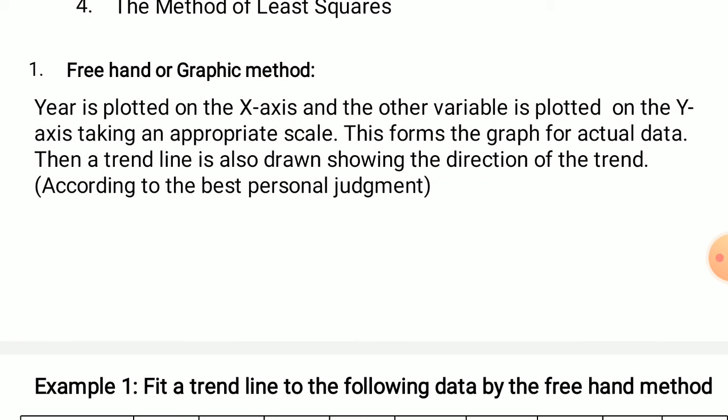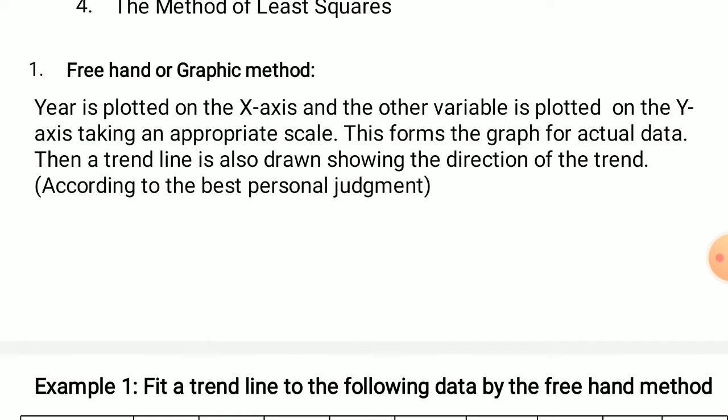Now, the first method is the freehand or graphic method, and this is the easiest, simplest, and most flexible method of estimating secular trend. In this method, we must plot the original data on the graph and carefully draw a smooth curve that will show the direction of the trend.